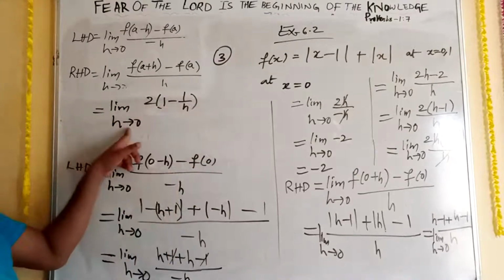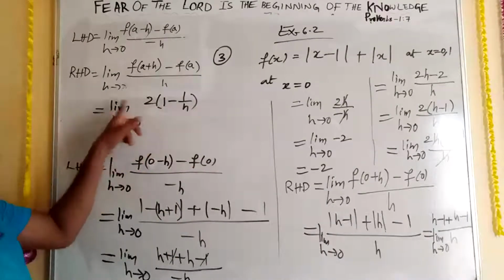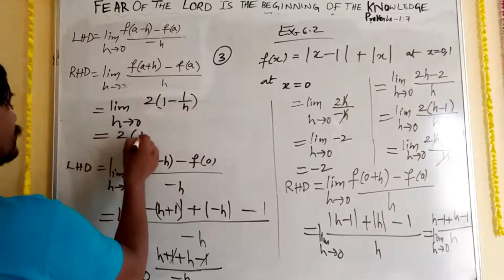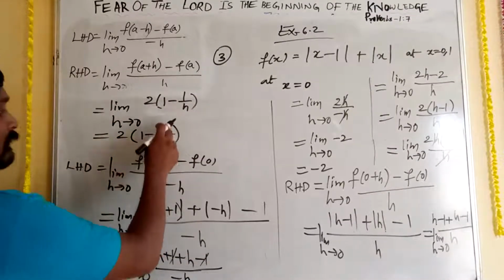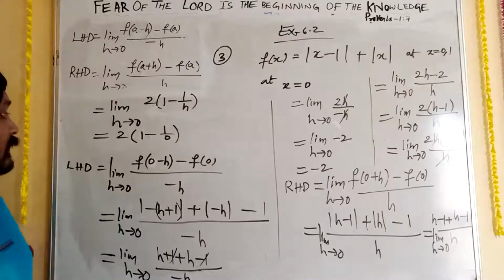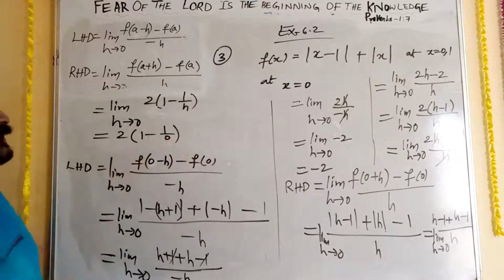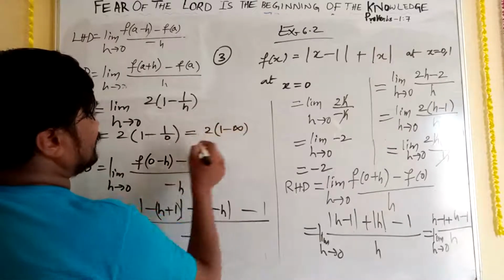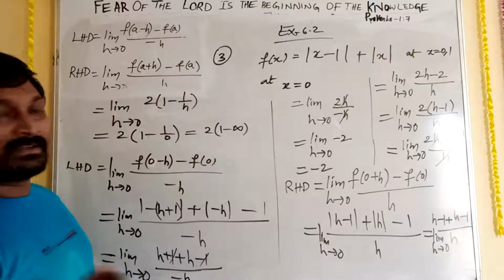So now here h tends to 0, remove this limit, wherever h is there, substitute 0. So 2 into 1 minus 1 upon 0. 1 upon 0 is nothing but what? It is going to be infinite. So now that is 2 into 1 minus infinite, that is nothing but infinite only.